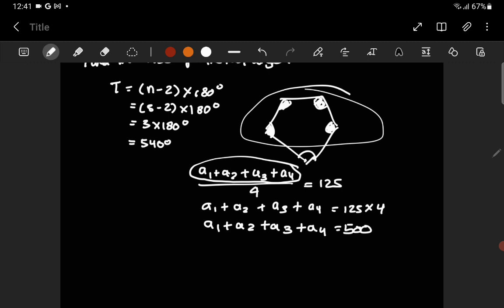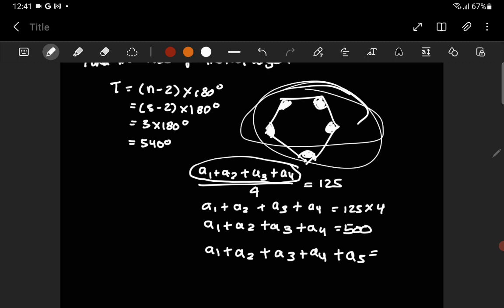Now A1 plus A2 plus A3 plus A4 becomes 500. So I think you will be able to know, if A1 plus A2 plus A3 plus A4 plus A5, that one will be equal to what? If all the angles here are summed up, that will be equal to 540.